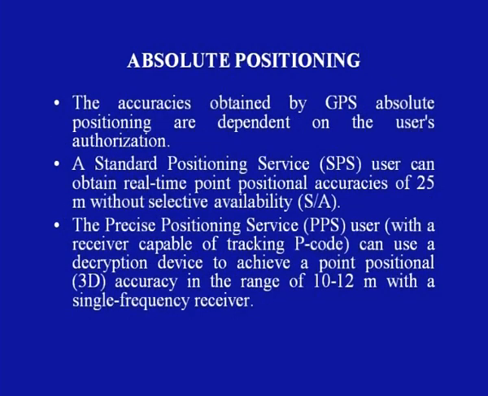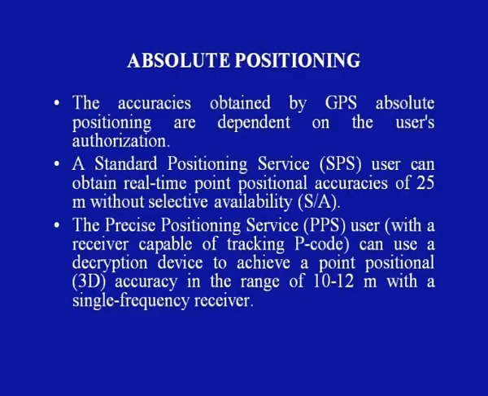The accuracies obtained by GPS absolute positioning are dependent upon the user's authorization. A user may have two types of authorization as discussed earlier, that is the standard positioning service, in short, we call it as SPS. Here the user can obtain real-time point positional accuracies of 25 meters without selective availability.